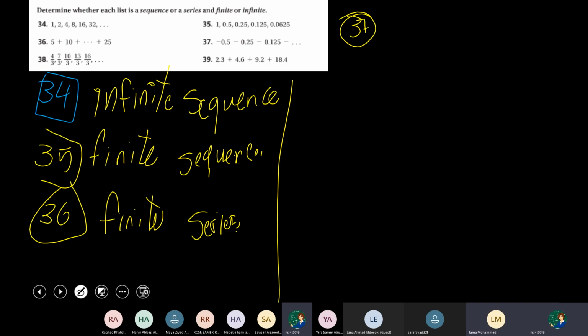Here it is negative 0.5 plus negative 0.25 plus negative 0.125, so it is a series. Is it finite or infinite? Does it end?